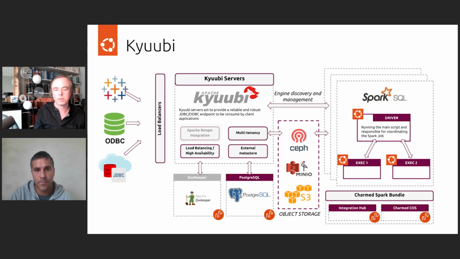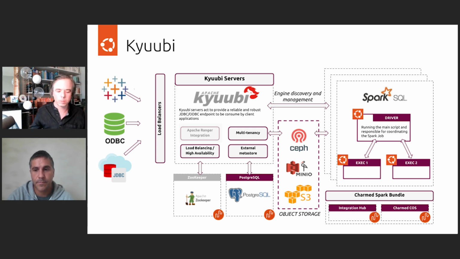JDBC, which is Java Database Connectivity, is the same. And then with those two, you can connect things like Tableau Server, Apache Superset, Spotfire, or whatever you might have to your Spark cluster via QB. QB itself has high availability built into it. It has load balancing as well.